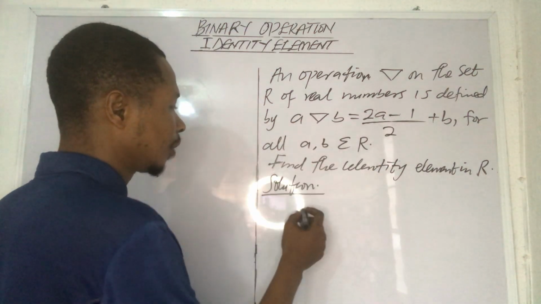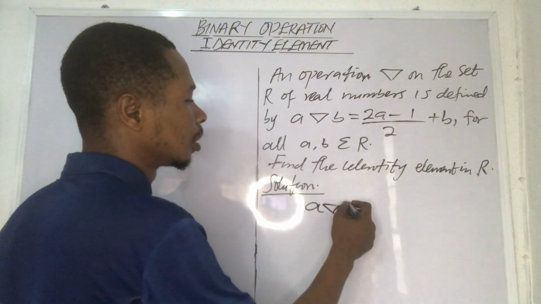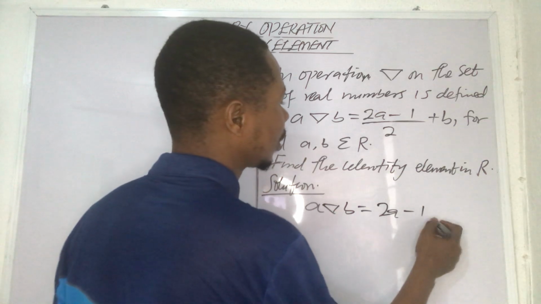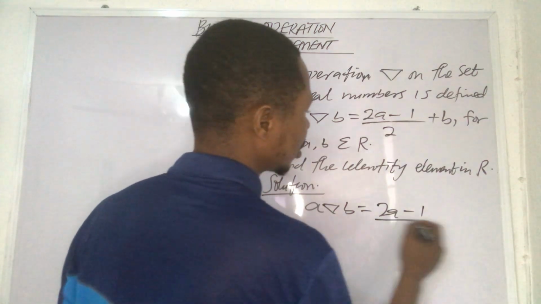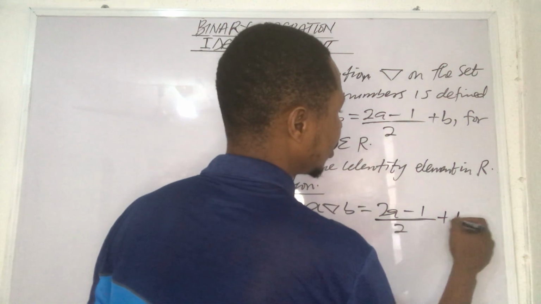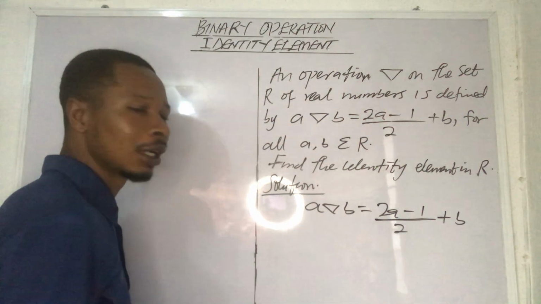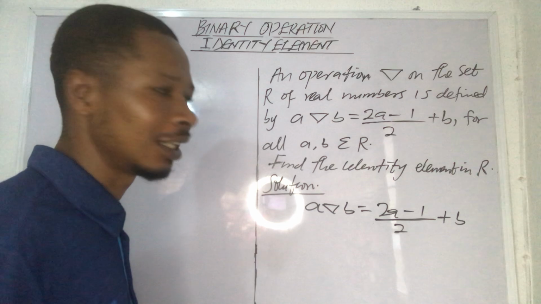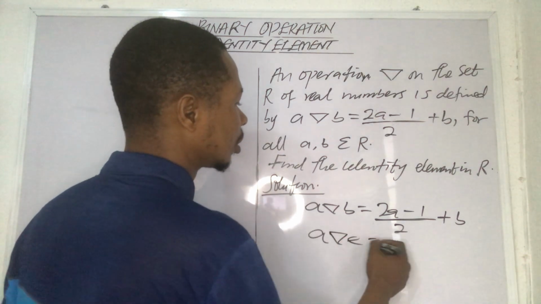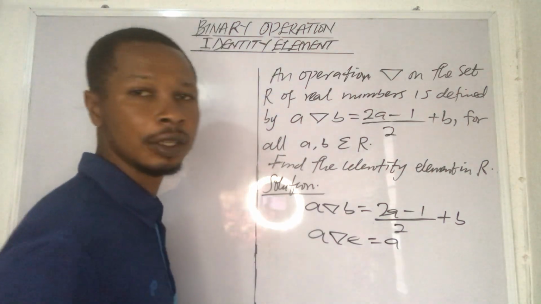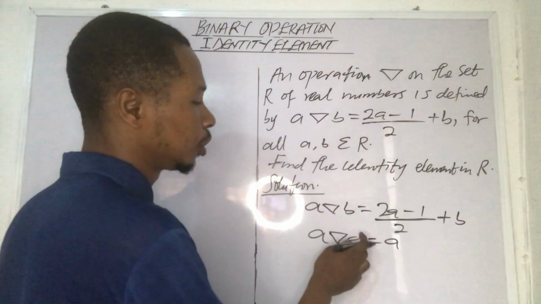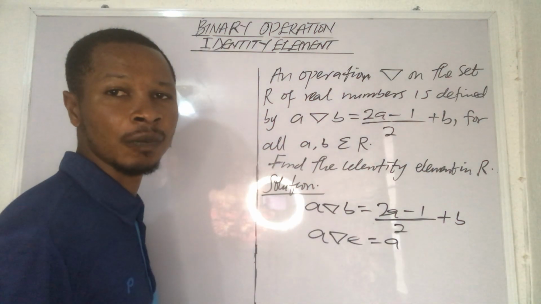The operation that you are given is A triangle B equal to (2A minus 1) over (2 plus B). Now for this binary operation to have an identity element, A triangle E must be equal to A, or A operation E must be equal to A. What does that mean?